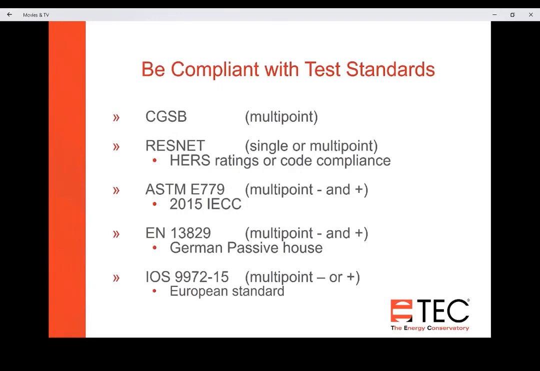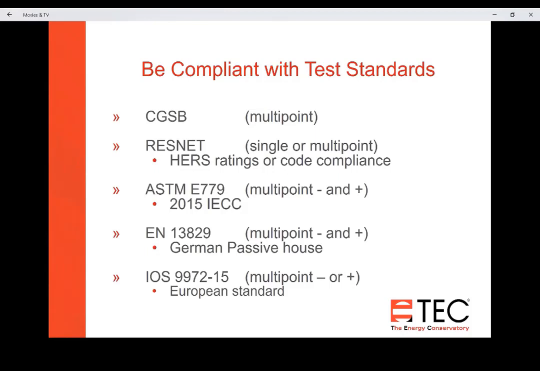So depending on what test standard you may want to follow, will help guide you on which software to choose. So these are the test standards that different apps or software might include. The CGSB, the Canadian General Standards Board test, is one that's always been in our TEC software.